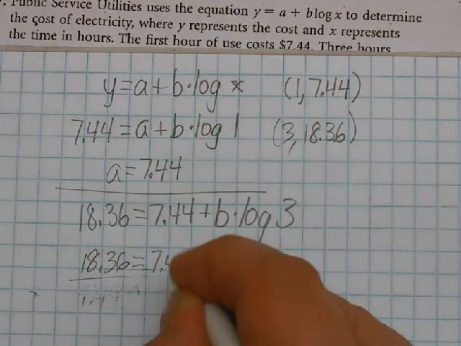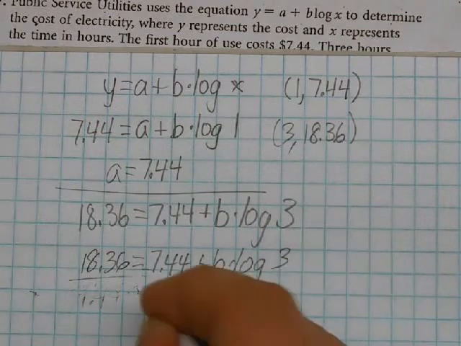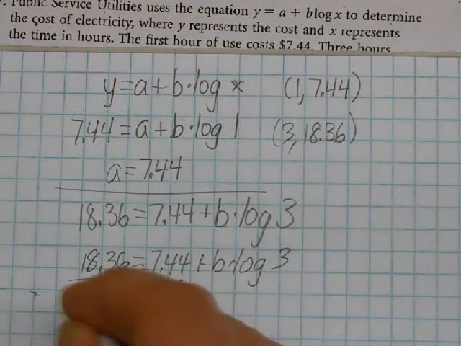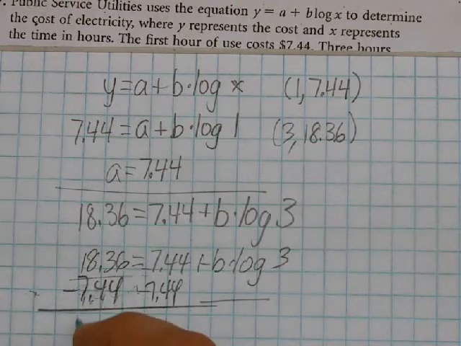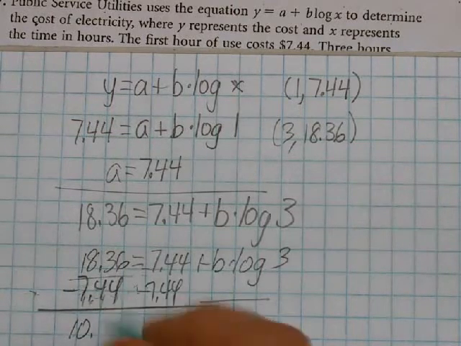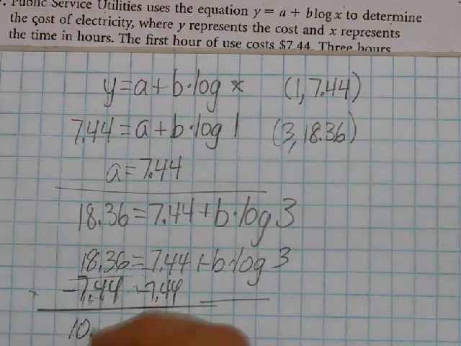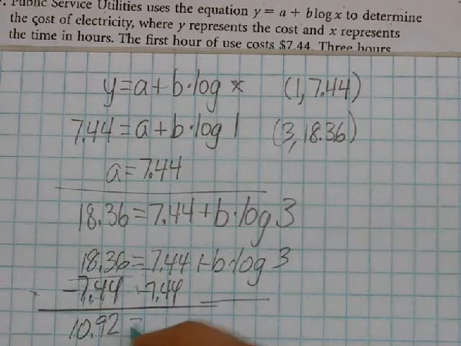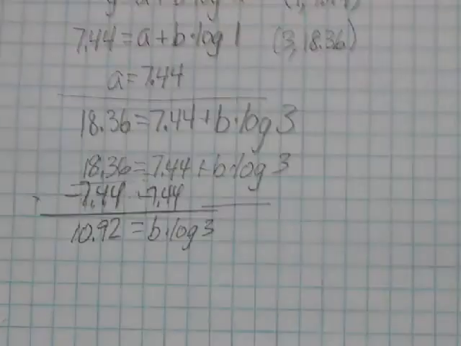Of course, Mr. Purcell, you shouldn't divide by 7.44. You should subtract 7.44 from both sides. So 10.92 equals b times the log of 3.